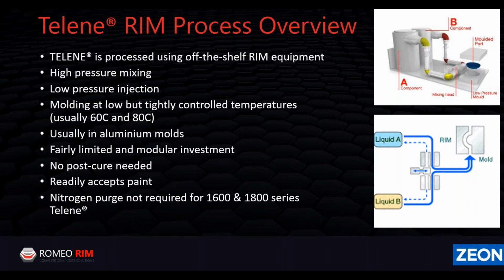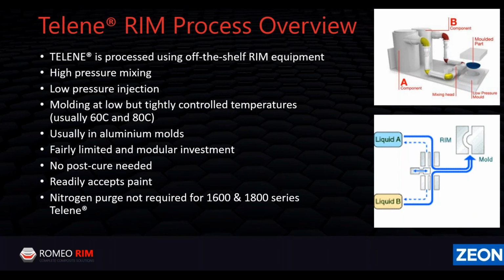The metering units themselves are very modular, so that it's really a plug and play sort of application. So Romeo can expand using one metering unit, which can actually operate up to 6 or 8 presses, 6 or 8 tools at a time. So it's not a huge overwhelming investment for Romeo as your vendor to expand their capability for you.